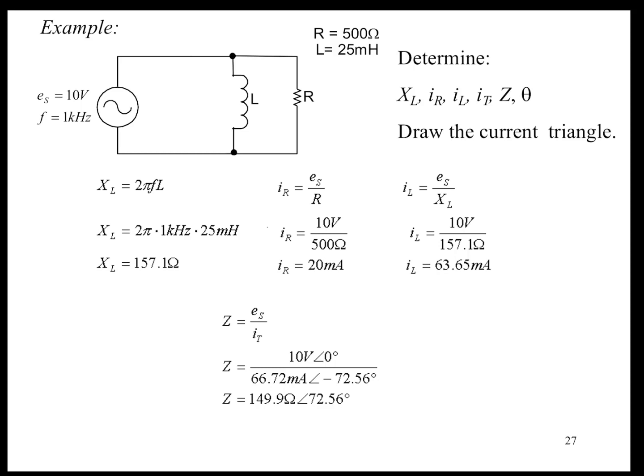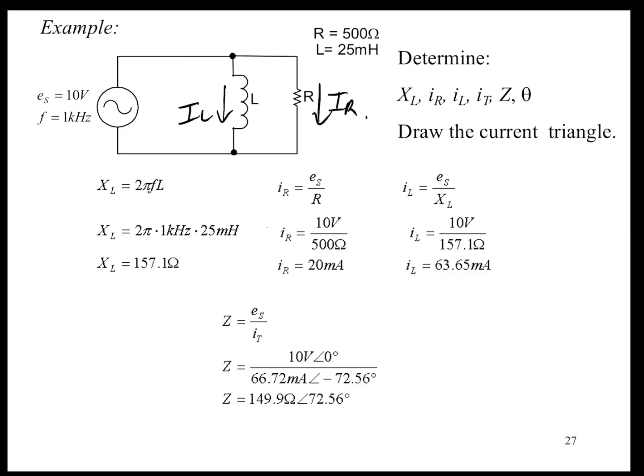There is another way to come about or verify your impedance in parallel, and if you think about it, it makes sense. If you determine your IL branch current here, and then you determine your IR branch current here, if you simply add those together, which you need to do for Kirchhoff's current law, you can determine I total.